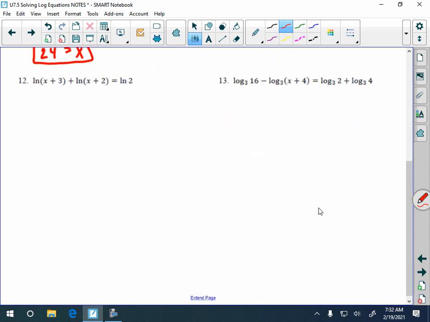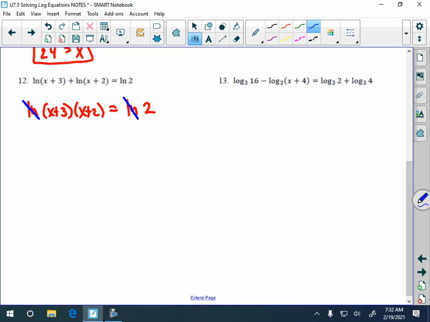All right, 12. Two logs on the same side with an addition sign, so we're going to condense it into a multiplication. So we've condensed it into one log on the left side. Now we look, and we have a log on both sides, and so we have case number 2 again, so I can drop the logs.